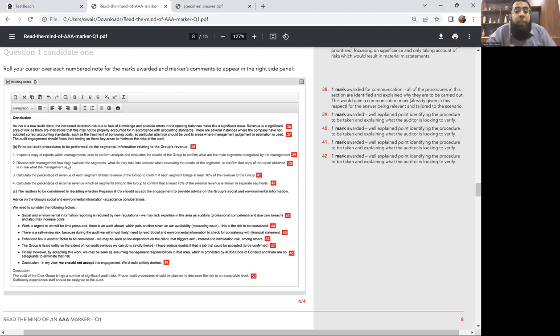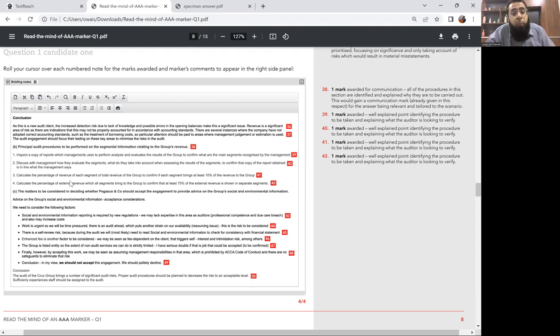Then in procedure 2, he said that we look at the management reports and confirm whether the data reported in the FS matches the internal reporting. Then he said that we'll check whether the 10% criteria of reportable segment is satisfied. And then he stated that we'll check that the 75% portion of external revenues is reported in the form of segments, which is a requirement of IFRS 8.